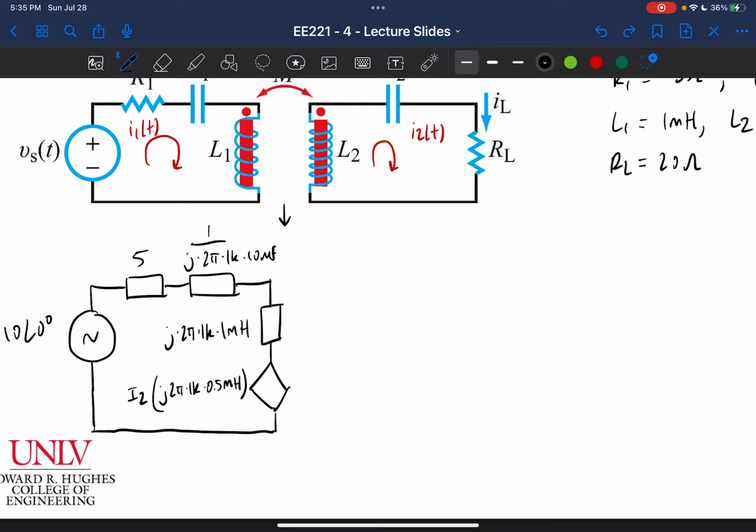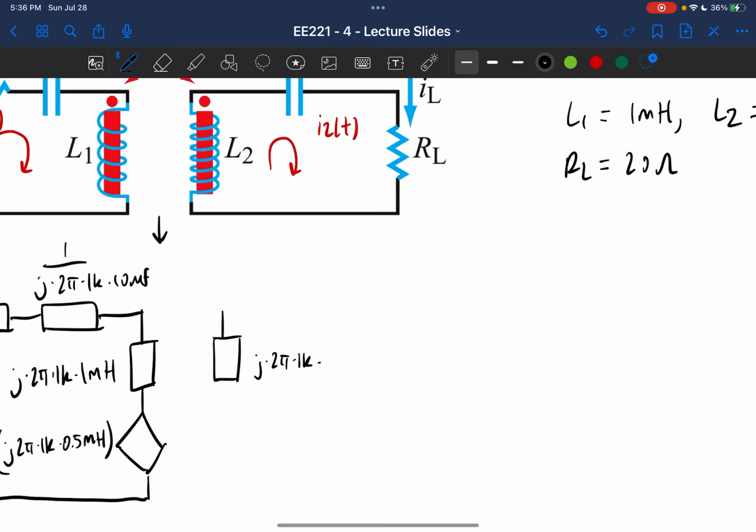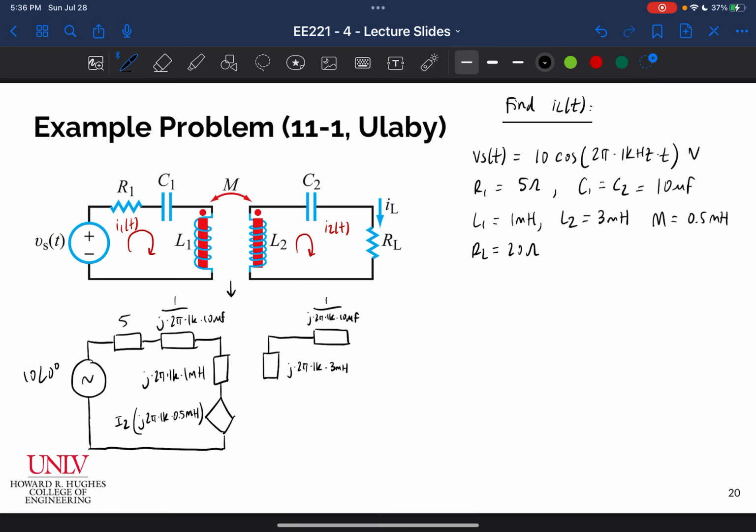And so let's draw the second loop here. It's going to be an inductor with J times 2 pi times 1K times, what is the value of L2? It's 3 millihenries. We'll do all this math in a bit. This is going to be 1 over J 2 pi times 1K, also 10 microfarads. Both capacitors are the same size.